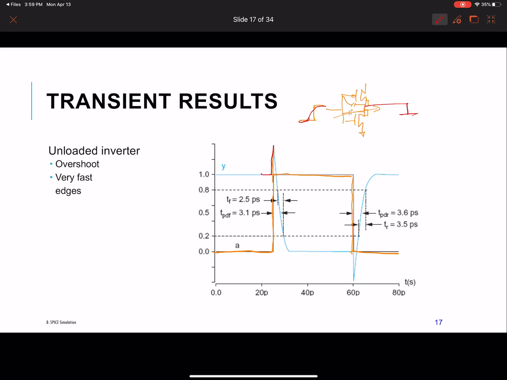And also usually you're driving a gate which has some load. So in reality, this won't exist. If you're seeing these kinds of overshoots, it probably means you have an unrealistically fast input rise and fall time, and or you don't have enough loading.